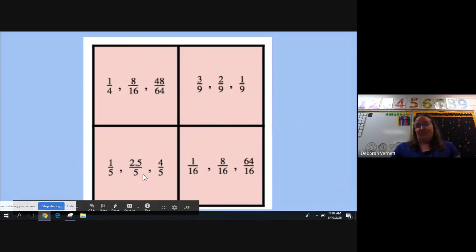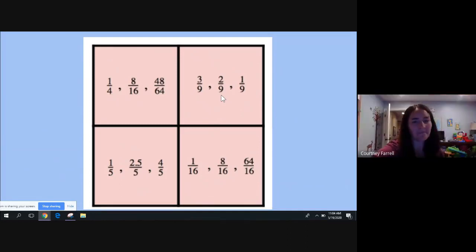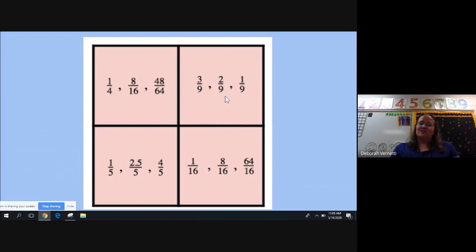So that middle fraction is also 1/2. And if you look over here, 8/16 again is also 1/2. But check it out up here, boys and girls, in this top right, the ones that are descending order, 2/9 is smaller than 1/2. And so I'm thinking that this one doesn't belong because it's the only one that doesn't have a 1/2.